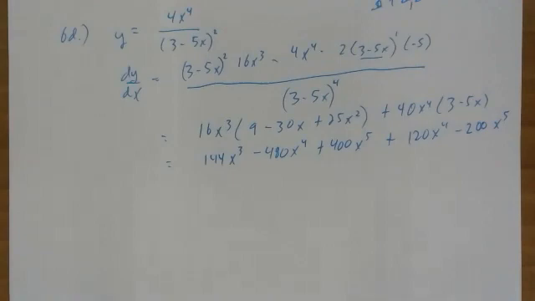I'm checking to make sure. Once again, I'm going to go check this real quick. So it's 4x to the fourth over 3 minus 5x quantity squared.